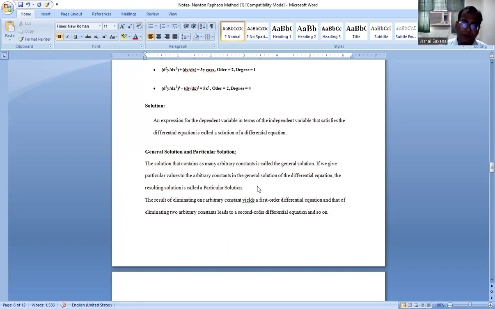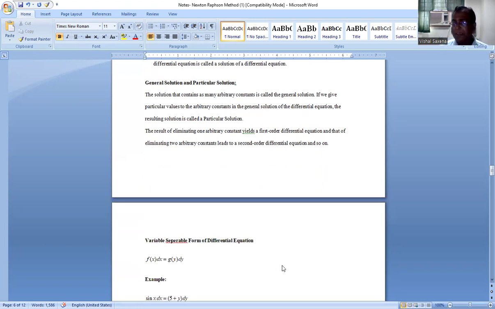Okay, next, we take the various methods to solve differential equations, because when an equation is formed in any kind of problem, in any kind of research paper or whatever, it is important to know how to solve that equation.